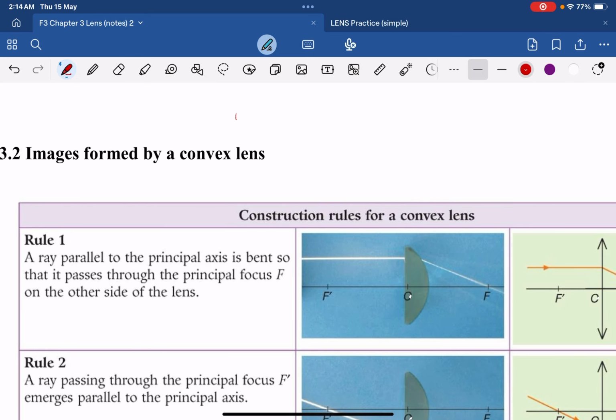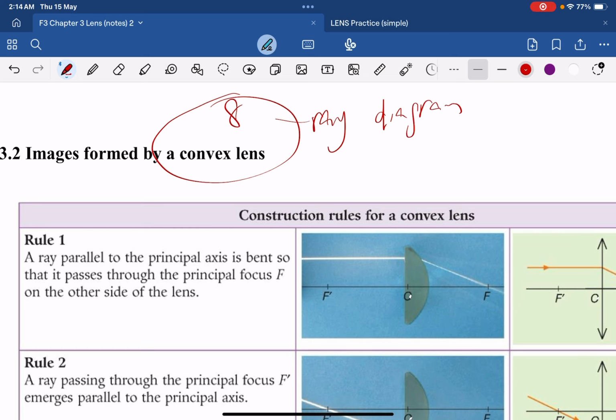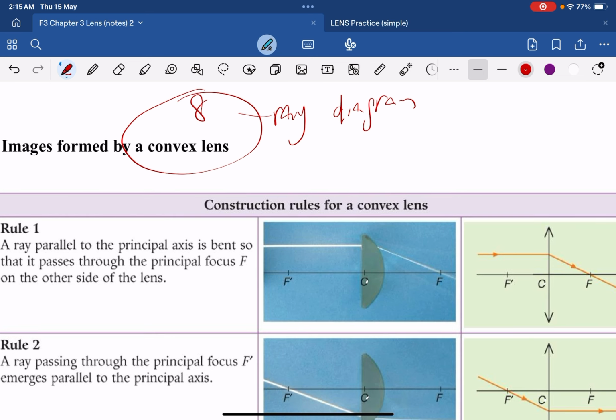There are ray diagrams for convex lens. We need to know how to draw ray diagrams. Okay, it will be very important in the exam. There will be 3 construction rules to draw the ray diagram.